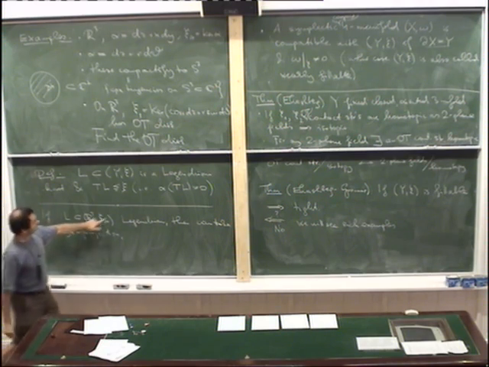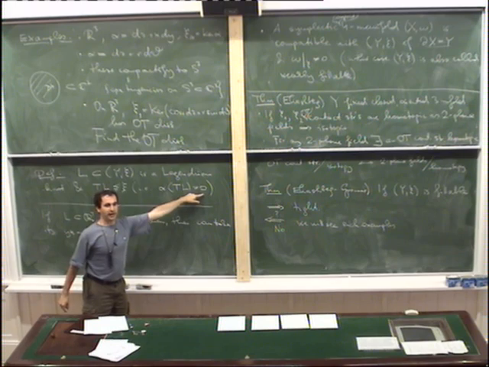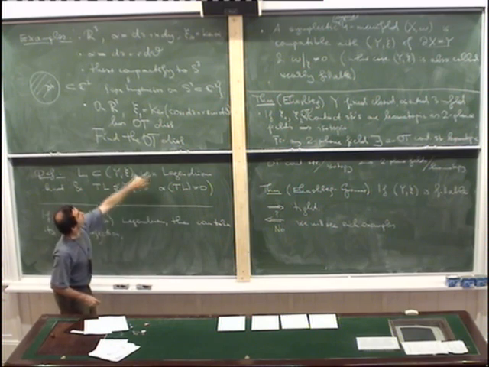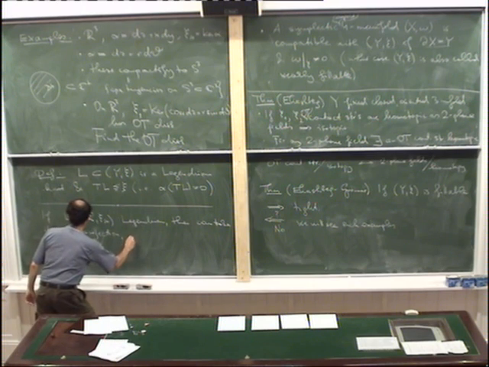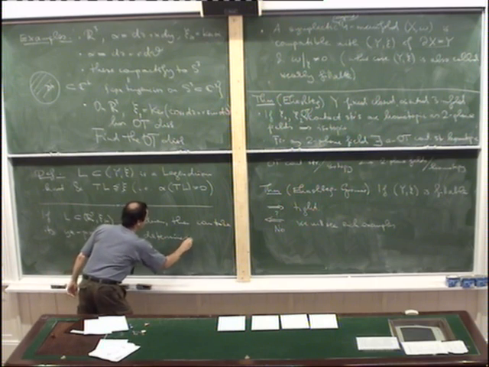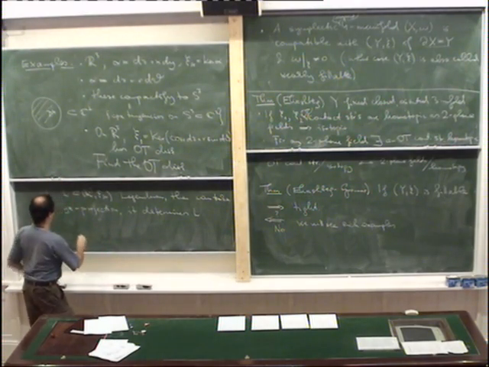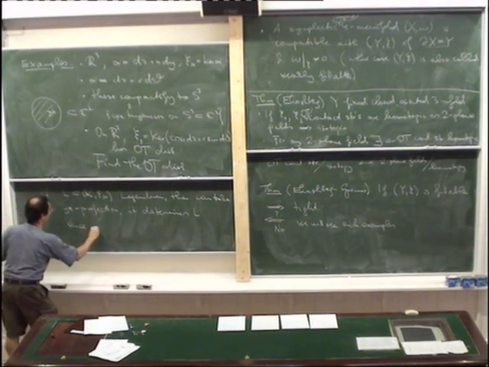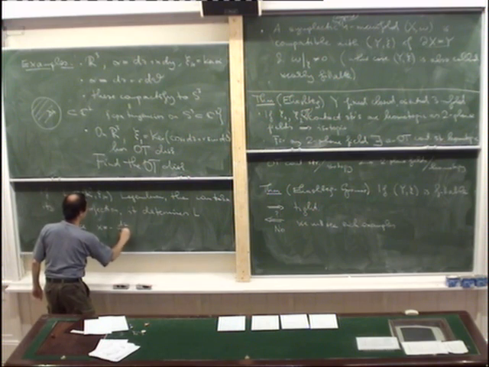And since we know that alpha, the defining one-form, vanishes on the tangents of L, we can use this equation and the definition of alpha to realize that it determines L, since x is just minus dz over dy.